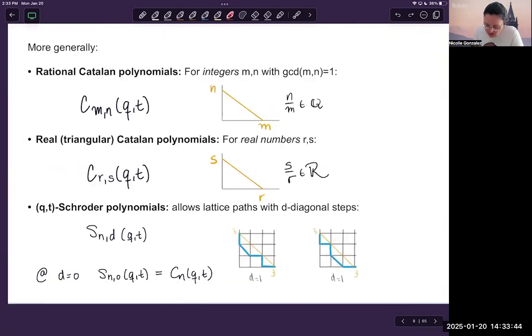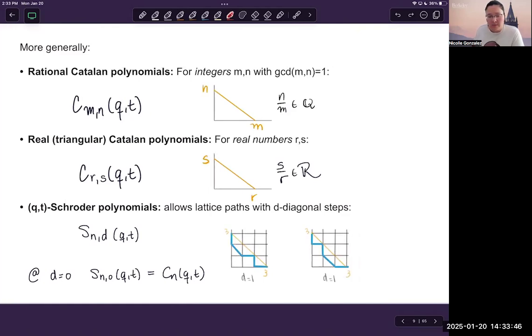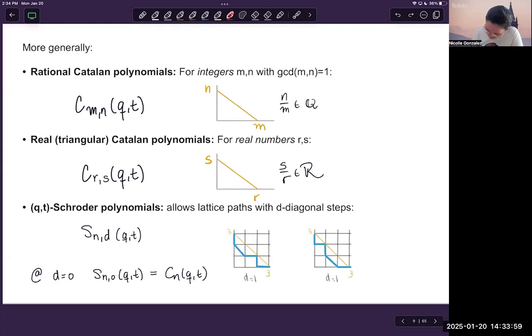And then there's another generalization, which is commonly studied, where you also bound by a diagonal line, but now you ask, what if I allow my lattice paths to consist not only of horizontal and vertical steps, but also of diagonal steps?